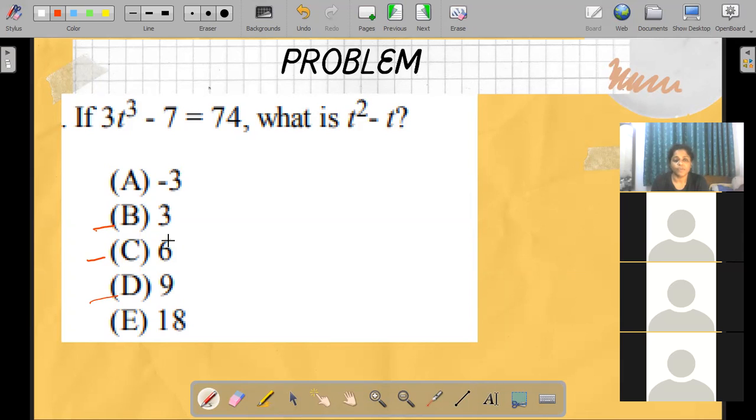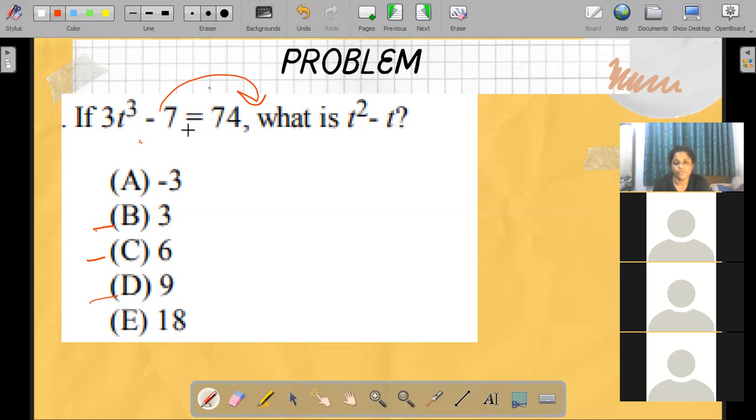It is 3t cube minus 7 is equal to 74. Take the 7 to the other side. That becomes 74 plus 7 is equal to 81. Right? So I have 3t cube equal to 81. Take the 3 to the other side. 81 by 3 is how much? 27. So t cube is equal to 27. Then t must be how much?